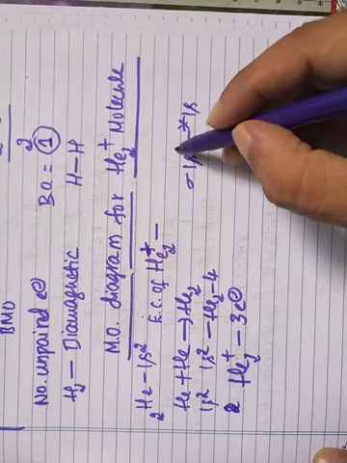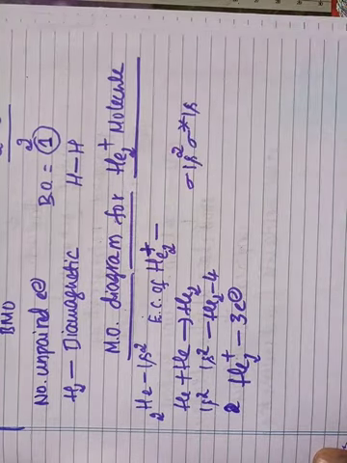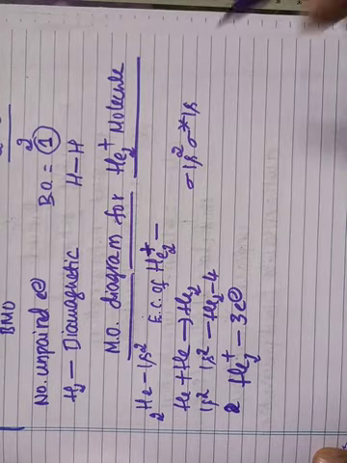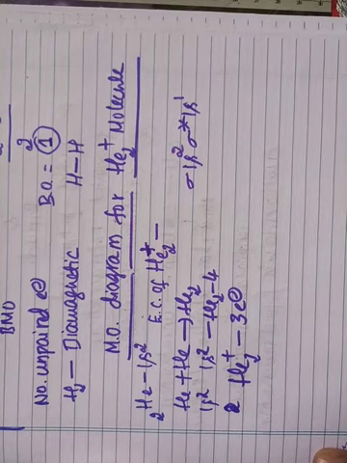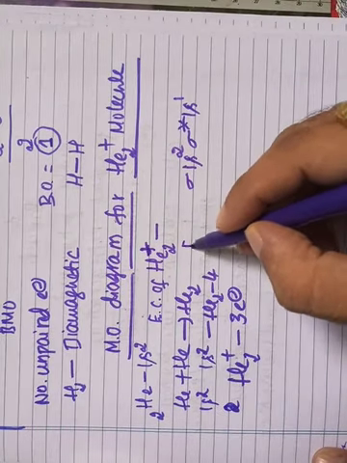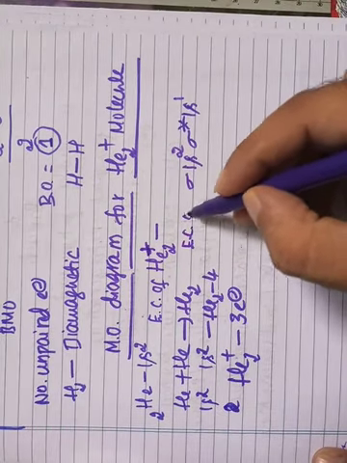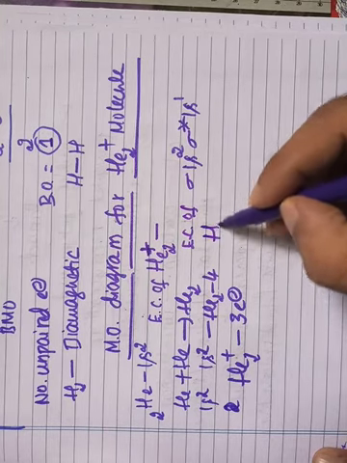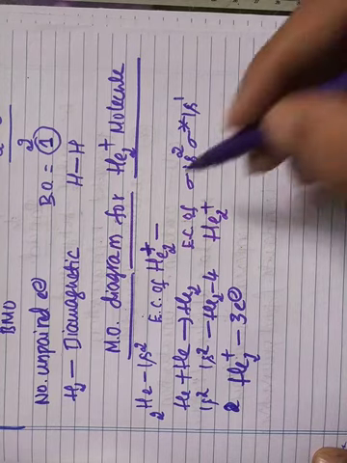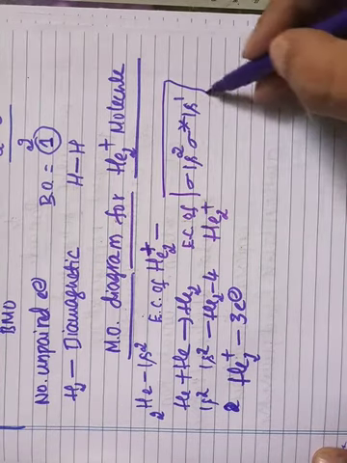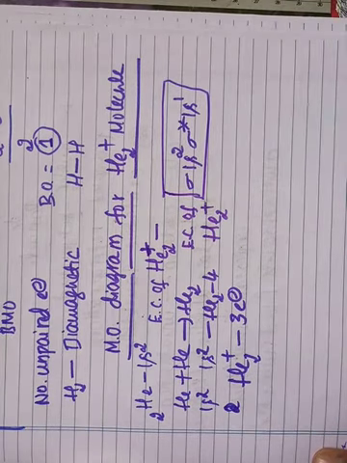The two electrons will occupy the lower energy sigma 1s orbital, and the remaining electron will occupy the sigma star 1s orbital. So this is the electronic configuration of the He2 plus ion.